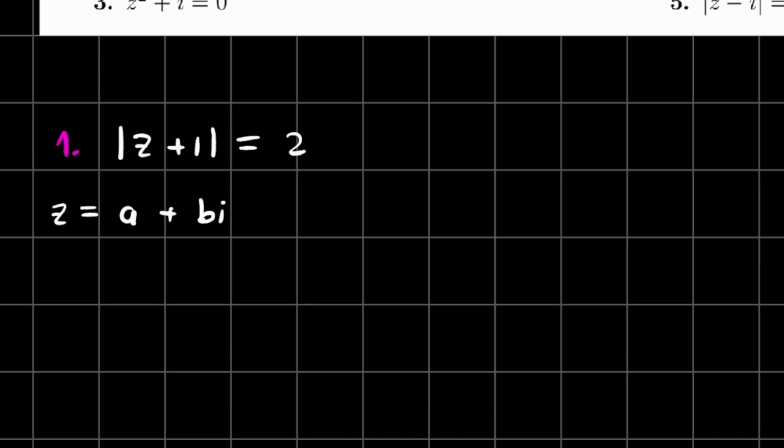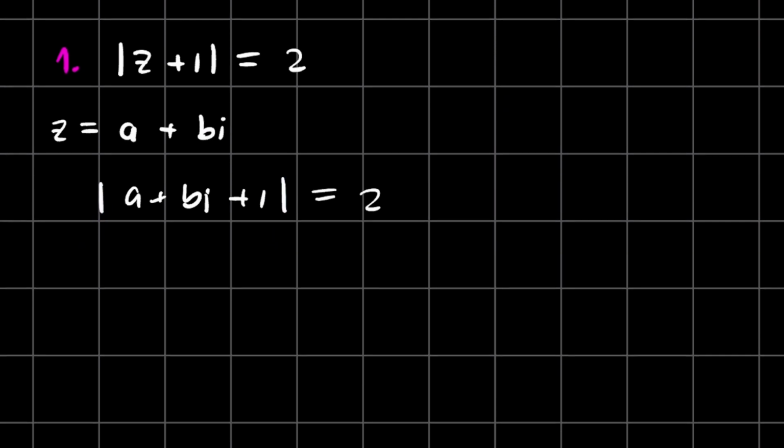So we can simply write that into our equation, a plus bi plus 1, like so. Now, what does this denote? Oh, no, before we do that, I probably forgot, we have to group up our real parts and our imaginary parts.